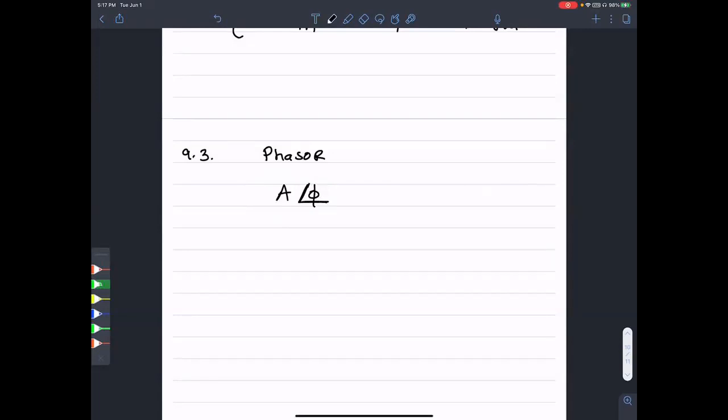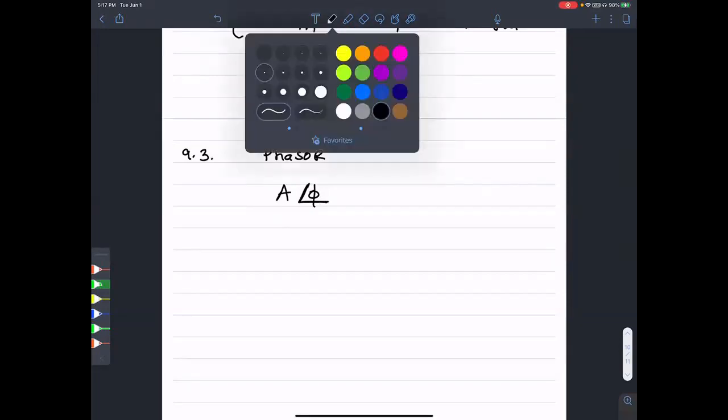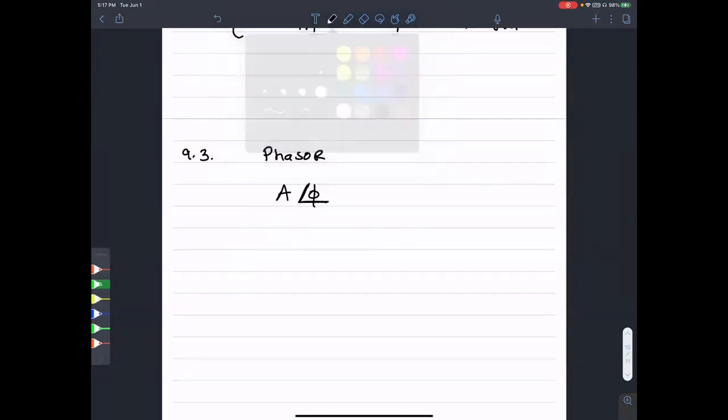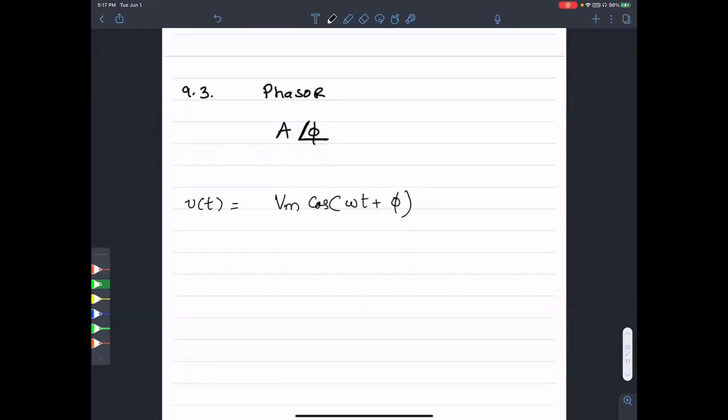So what we are going to do is this. In engineering 17, you must have seen that the time domain representation of a sine wave or a cosine wave can be represented in its phasor form.